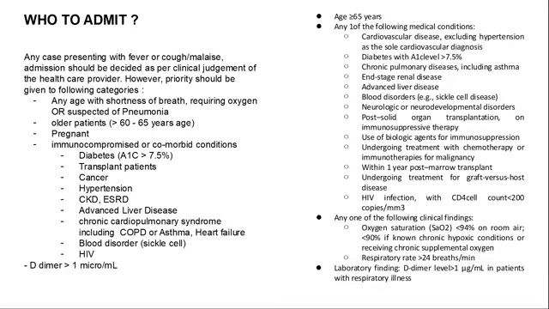Now we'll talk about who to admit. As of now, we admit any patient who is suspected of COVID-19 or who is proven COVID-19. But later on, if we get an outbreak, then there's no way we can admit all the people. At that point, we'll have to prioritize the patients.